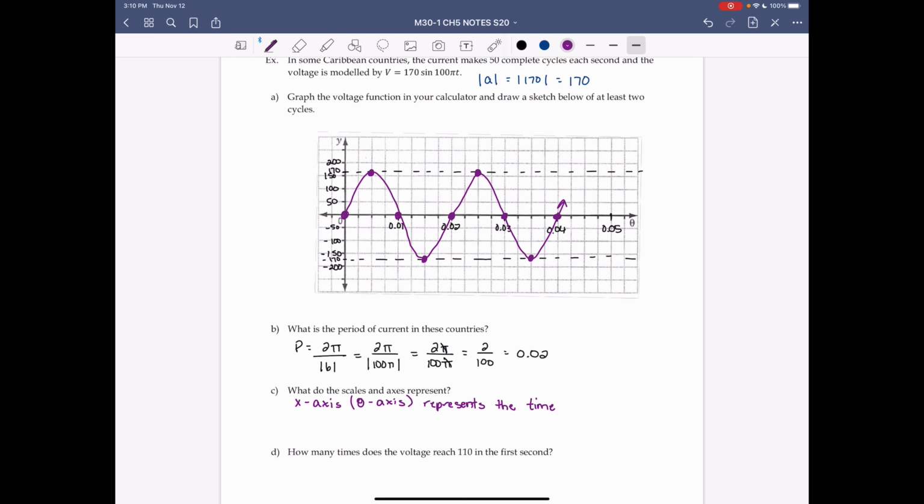And it says the current makes 50 complete cycles each second, so the time is in seconds. And then the y-axis represents our other variable, which is the voltage.